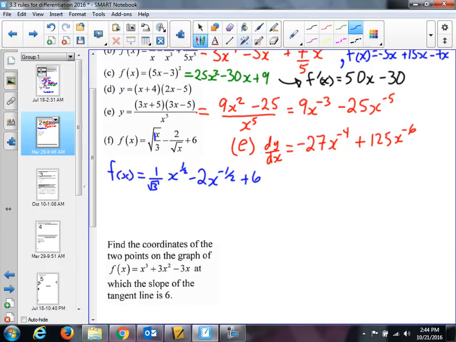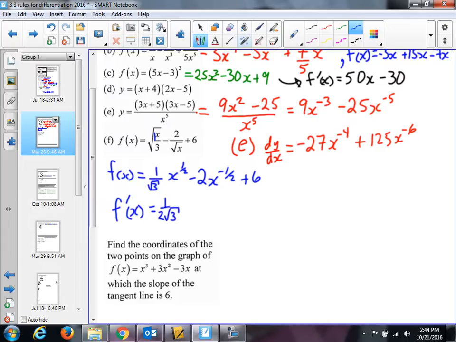f prime of x coming up. I hope you can do this. I'll let you do it too. And don't worry about radicals on the bottom. They're fine. I'll stand in the way on purpose.